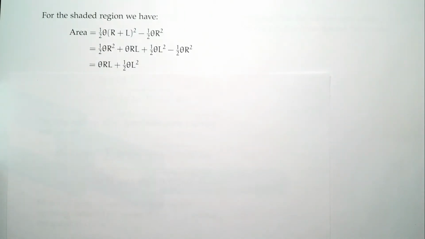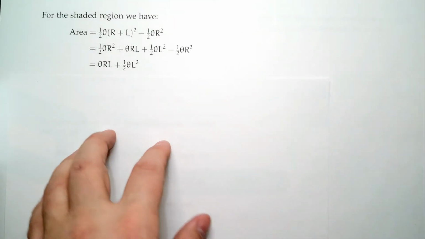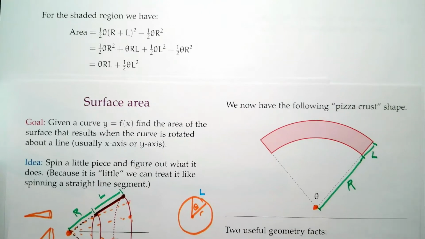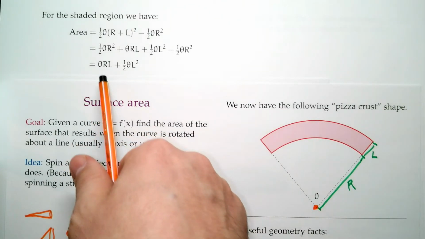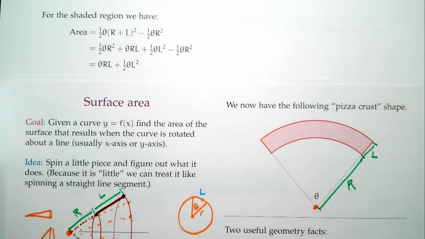Now comes the part where we say, what do we do? In the grand scheme of things, if we come back to our picture, we have two things, the theta times r times L and the 1/2 theta times L squared. Now let's pause and think for a moment.